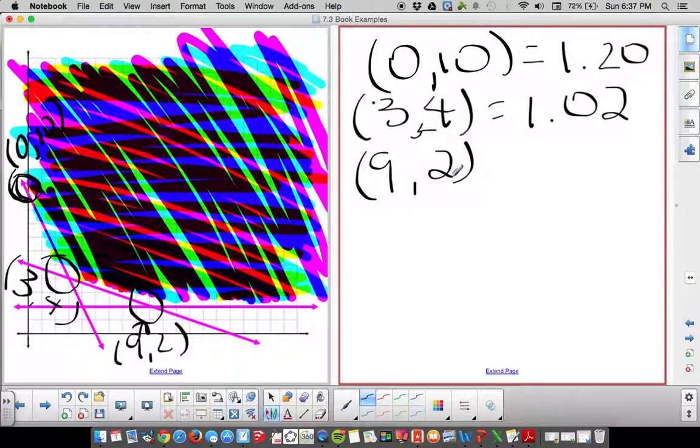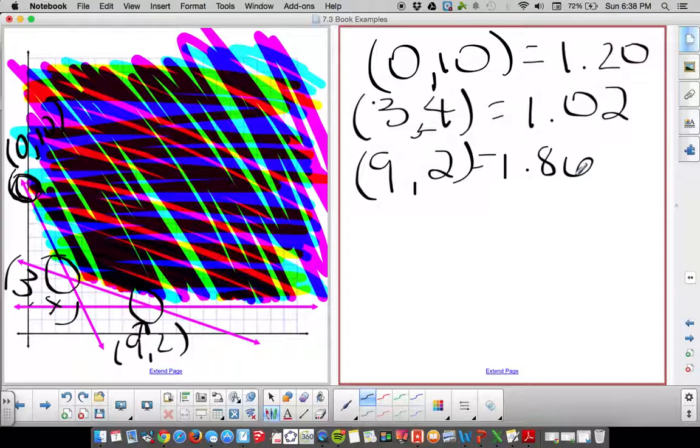And 0.18 times 9, let me put that in my calculator real quick, is $1.62 plus 24 cents is $1.86.